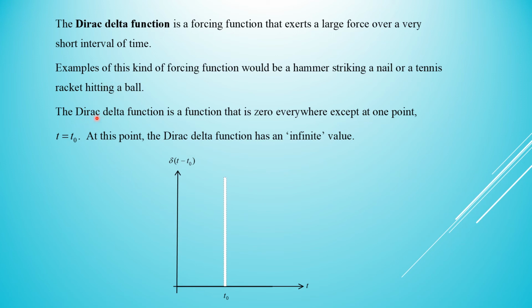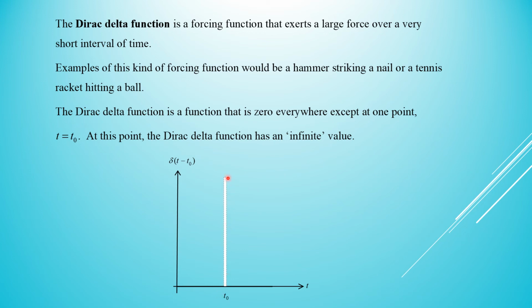The Dirac delta function is a function that is zero everywhere except at one point, t equals t0. At this point, the Dirac delta function has an infinite value. So let's look at this graph. Okay, this graph describes the Dirac delta function, and suppose t0 is the time along the t-axis. So we say t equals t0. The Dirac delta function at the point t equals t0 has an infinite value.